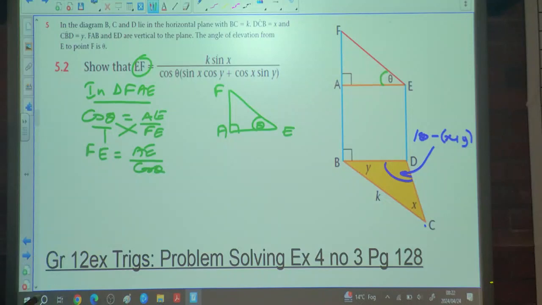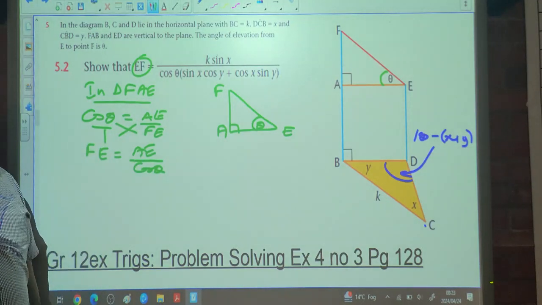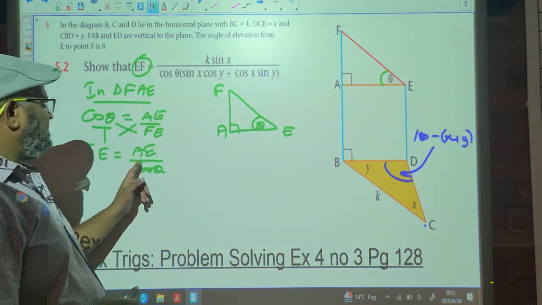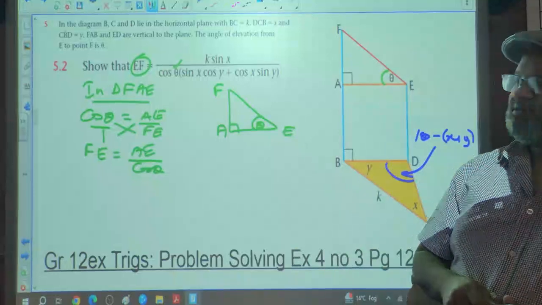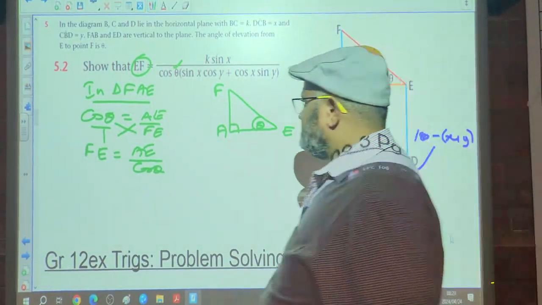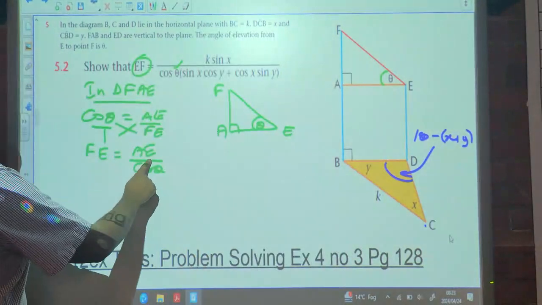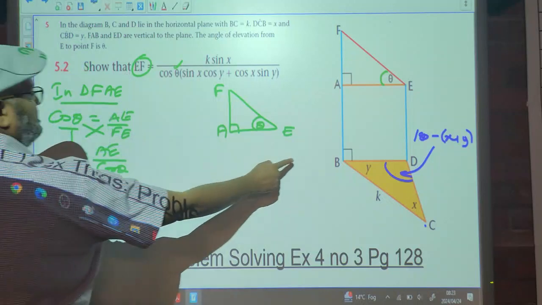Okay, so in other words, I must calculate AE. Can you see that, people? However, if I look at this here, I'm already seeing cos of theta on its right place. So I'm not going to change cos theta from that position there.